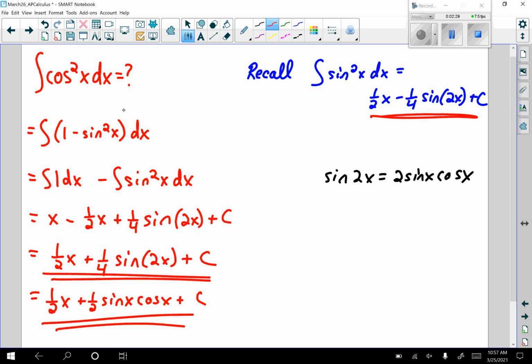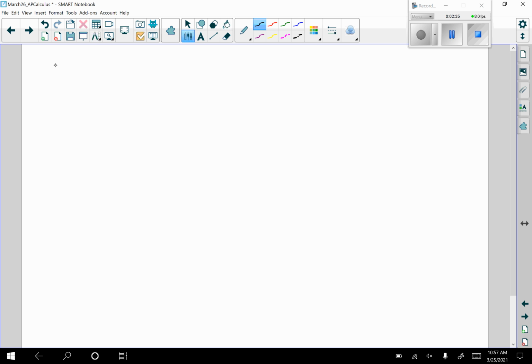Or another way to look at this is if we didn't use the sine square x integral, we could start the same way we took care of the integral of sine square x. We would have cosine of 2x equal to 2 cosine square x minus 1.